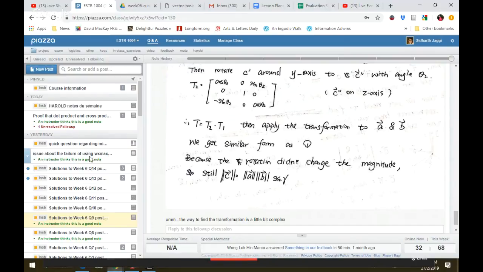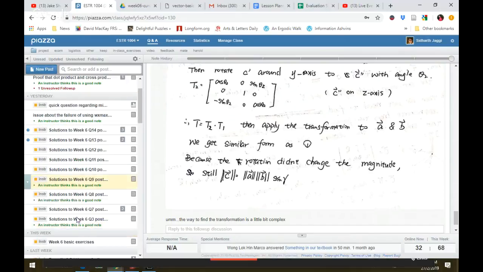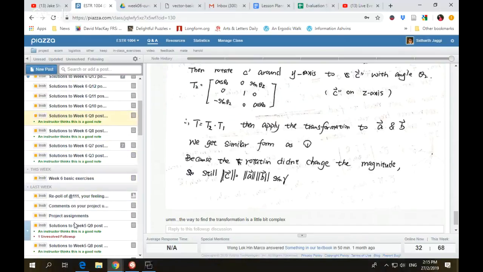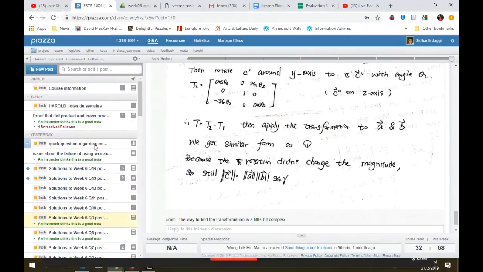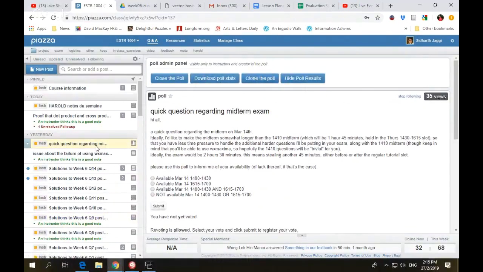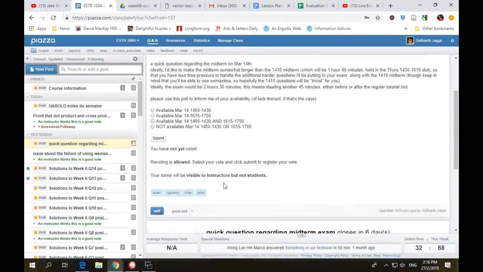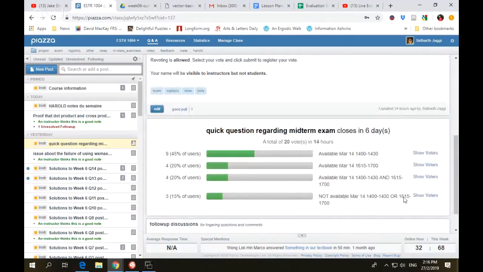Let me also point out, I did a quick survey asking about the midterm. I would like to hold a longer midterm than just the usual 90-minute midterm that the other session will be holding.